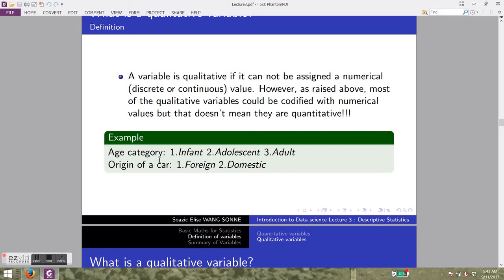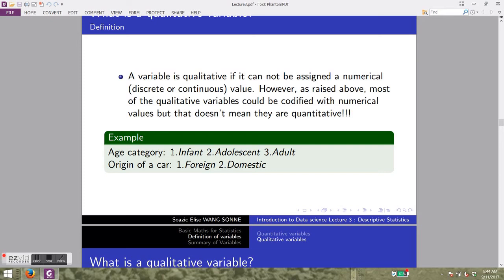For instance, let's say I'm trying to measure the age category of people that participated in the last football game in Maastricht. Say there was a football game between the School of Business and Economics and UNU Merit, and at the end of the game I'm standing outside the door and I'm trying to measure the age category.